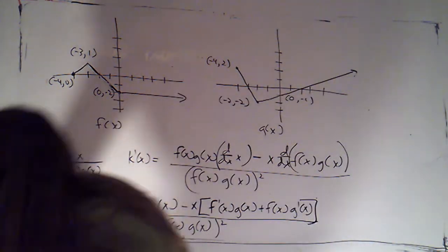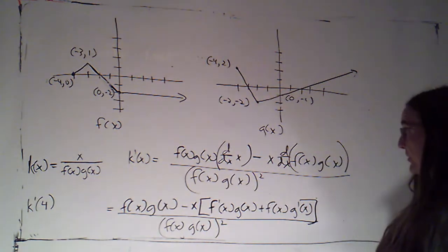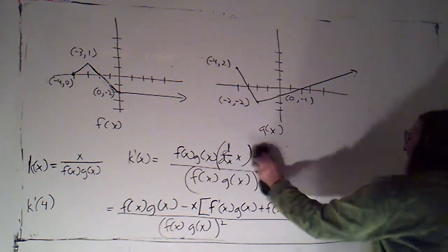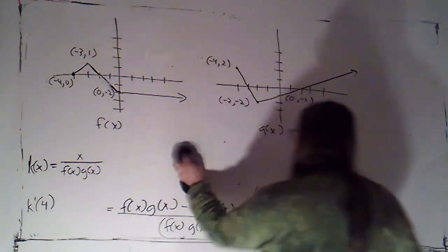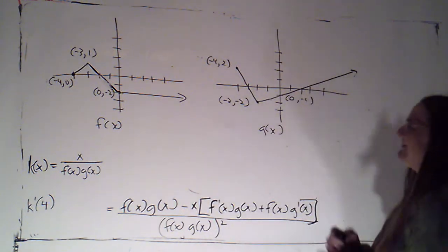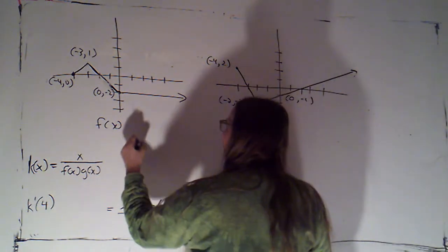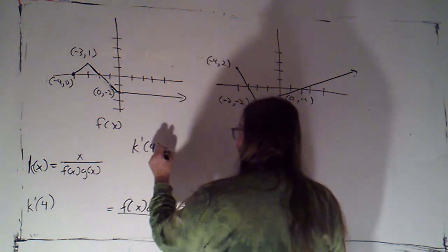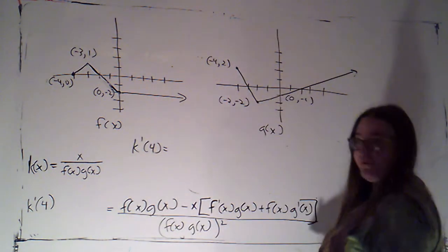Now what I want to do is plug in 4. So, hate having this small board. I will erase this and write things up here. So k prime of 4 is equal to, all the x's become 4's.